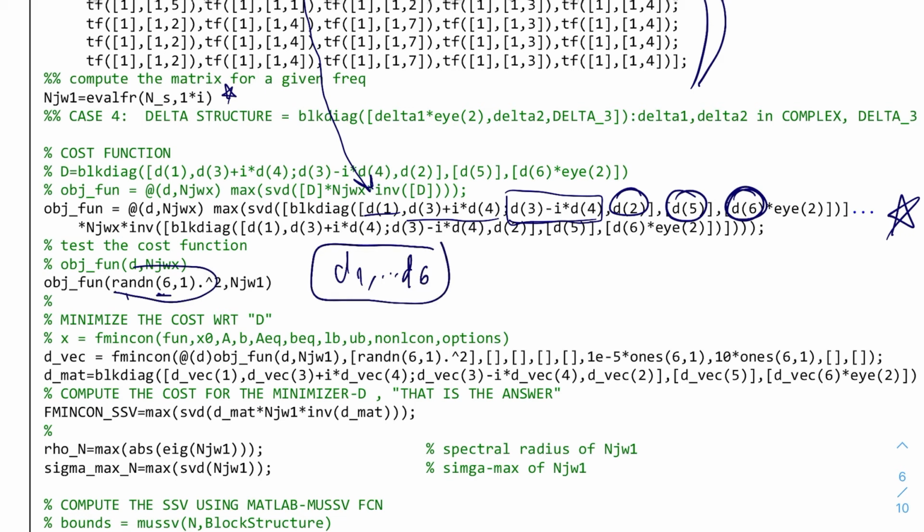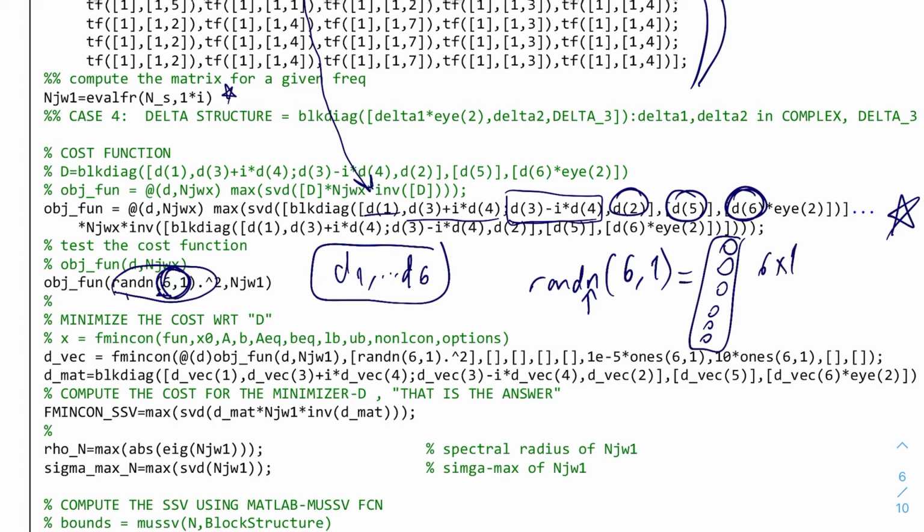Just generate a random, yeah, this is correct, randn(6,1) will give us a 6 by 1 vector each, selected from a normal distribution.